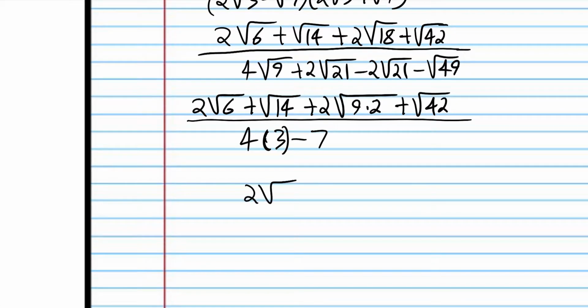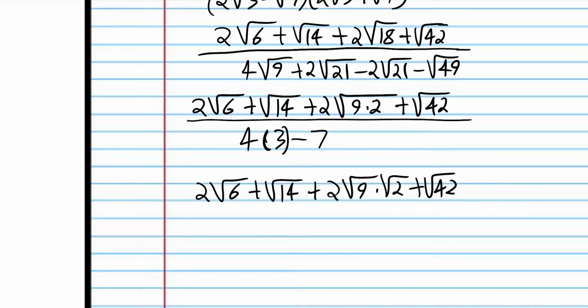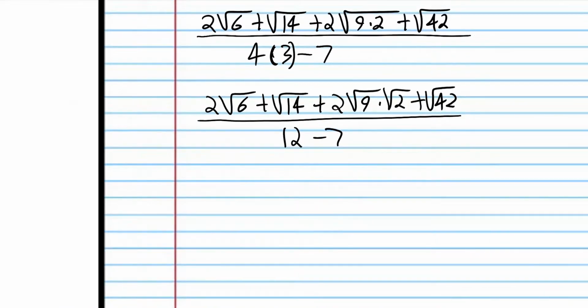So now 2 root 6 plus root 14 plus 2 times root 9 times root 2. We use that principle where we pulled apart the root. Remember, we learned that in a previous class. In the bottom, we have 12 minus 7. We're almost done with this problem.